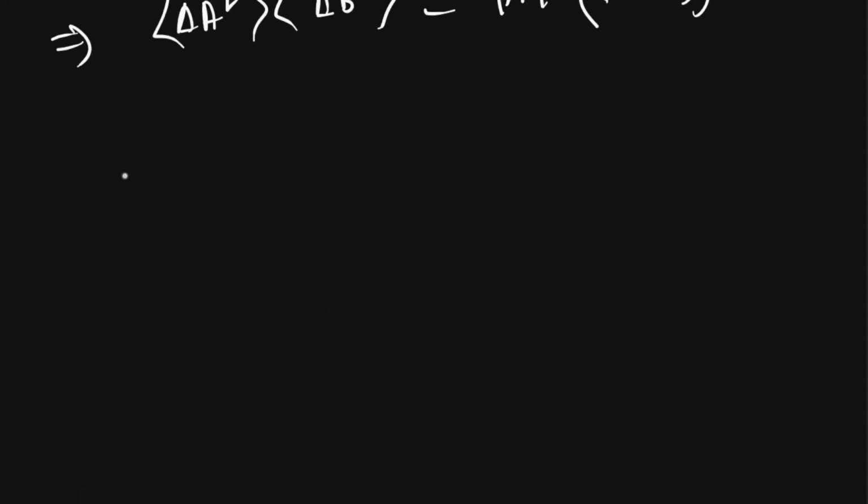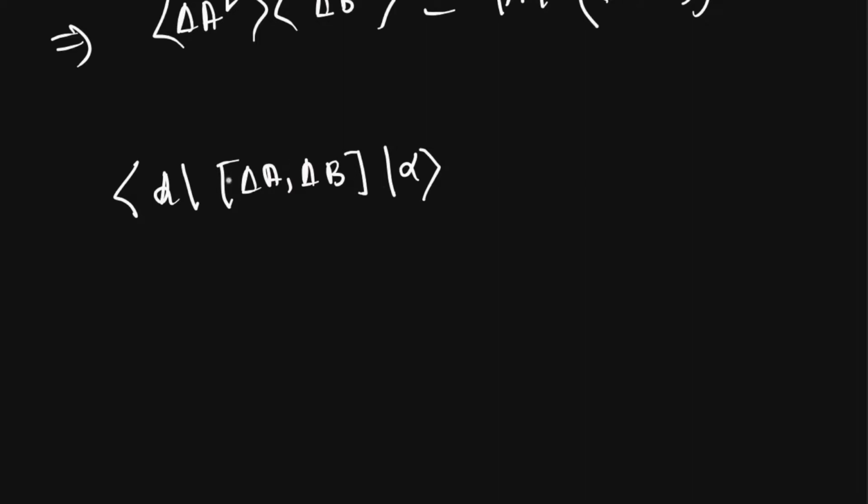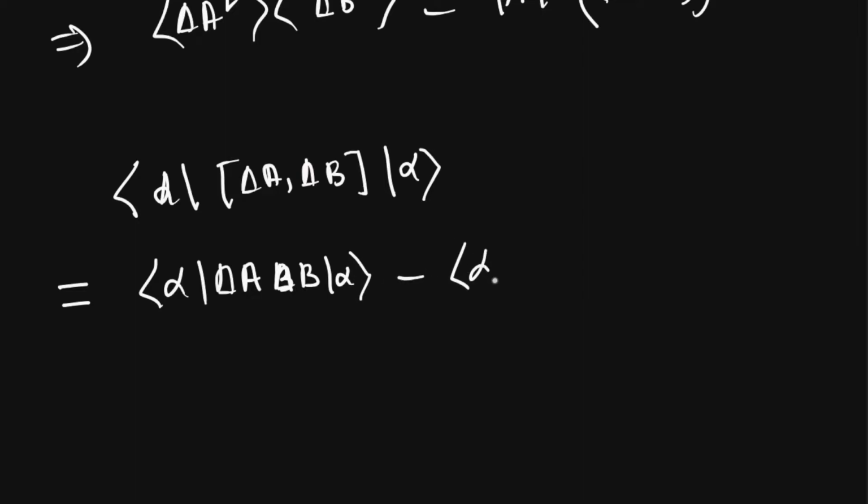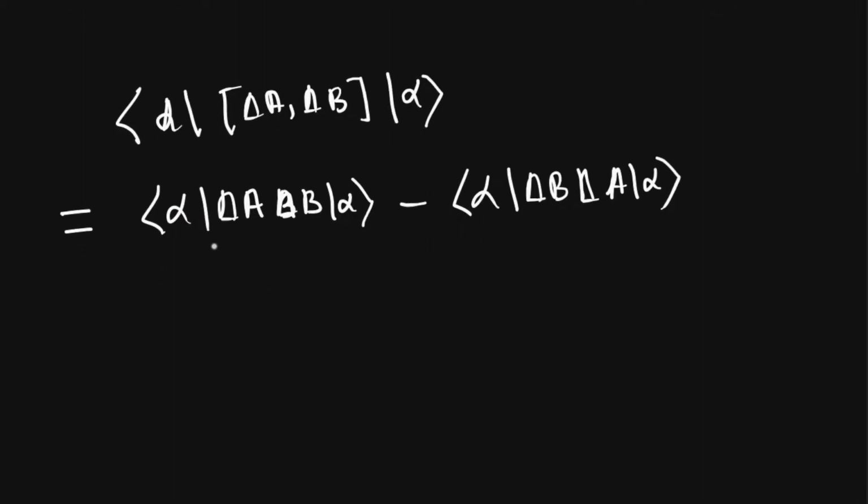The expectation value of the commutator of delta A and delta B is alpha delta A delta B alpha minus alpha delta B delta A alpha.